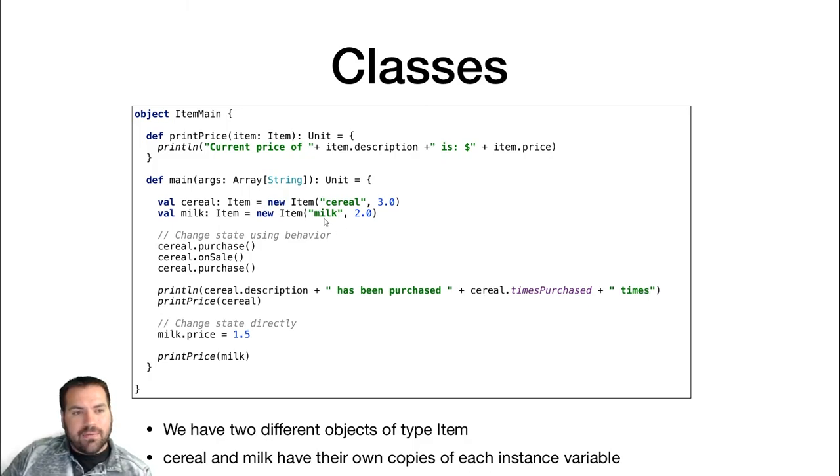They'll both have description milk and price 2.0, but they'll be different objects, so they'll change independently. If I change the price of one, it won't change the price of another. But if we did val milk2 equals milk, then they will share the same state variables because a new object was not created.